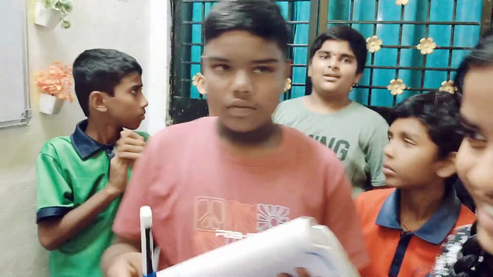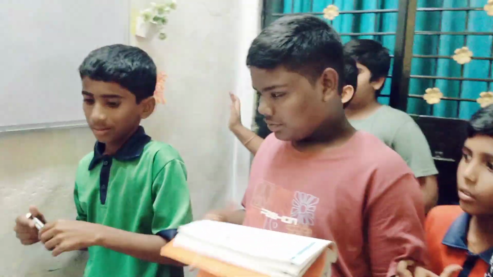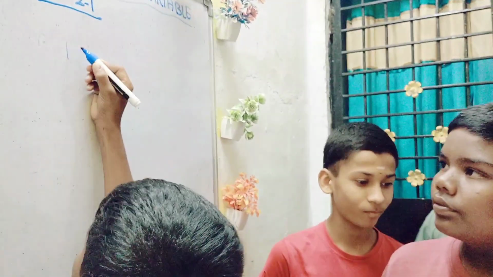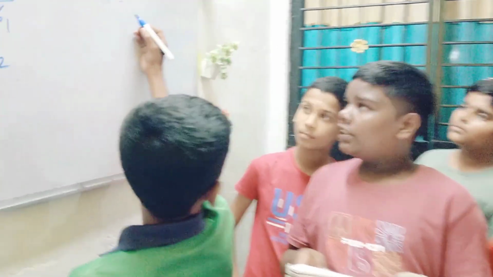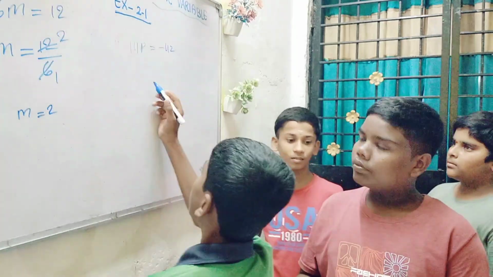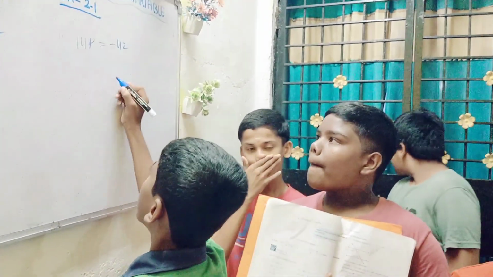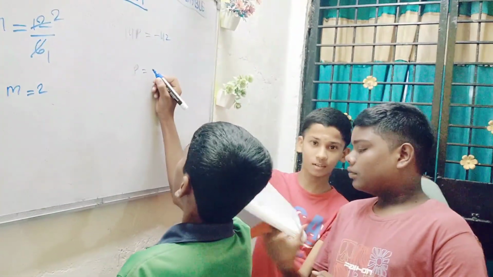Next equation, who will solve? Manish, come. Do the next one. Tell the equation to him. 14p equals 14p minus 42. Write it a little dark, kid. You have to take the variable to one side and all the constants to the other side. When you transpose, what are the terms?